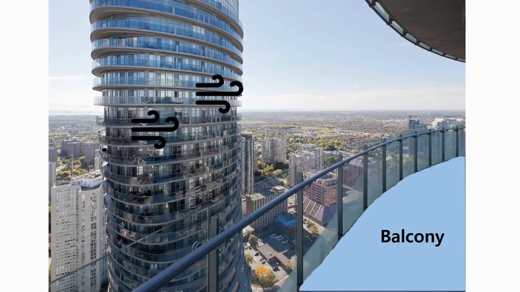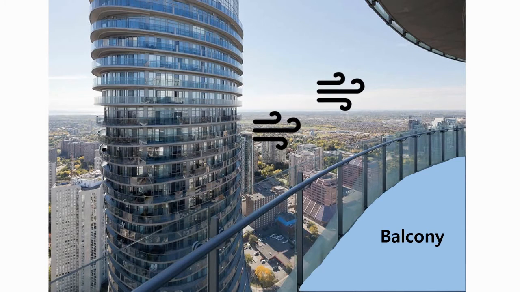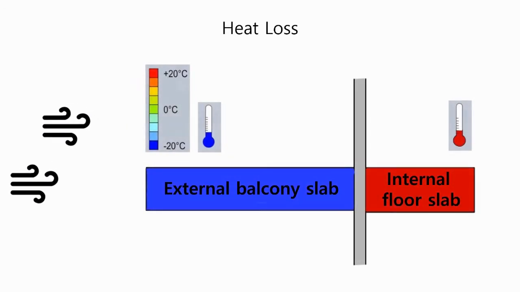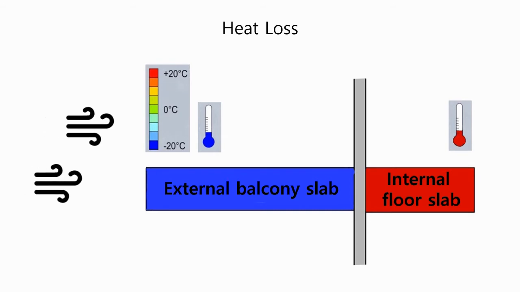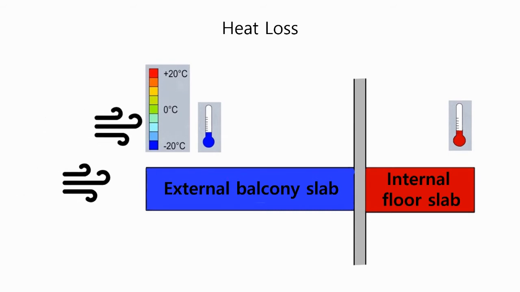In the case of the Absolute World Towers, the balcony encloses the whole floor, so the balcony is exposed to the outdoors. Thus, the balcony is directly affected by the climate. If the temperature of the external balcony slab decreases due to the outside temperature decrease, the internal floor slab also decreases, resulting in heat loss.